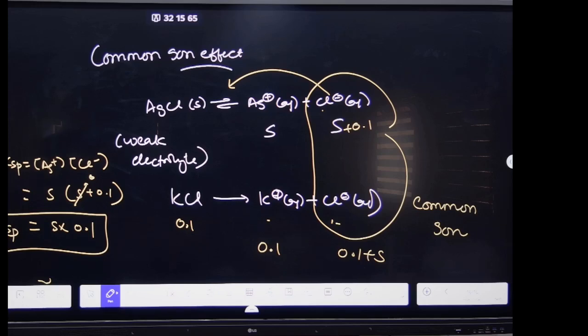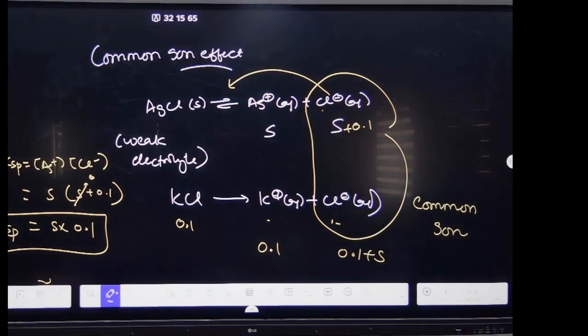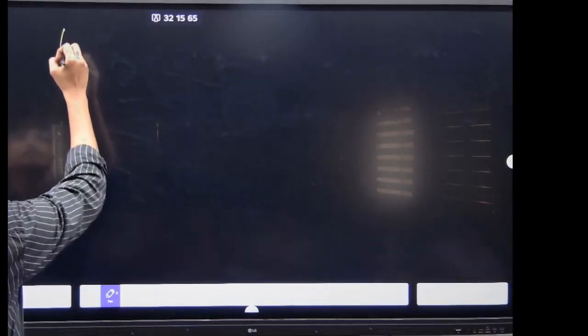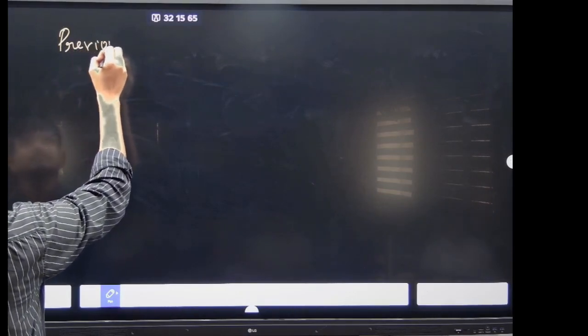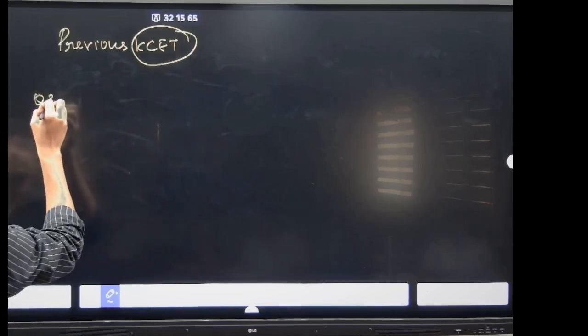चलिए स्टार्ट करते हैं हम लोग. Previous KCET, to take this one, I have that. See here, question number 3, previous KCET question number 3, you see.